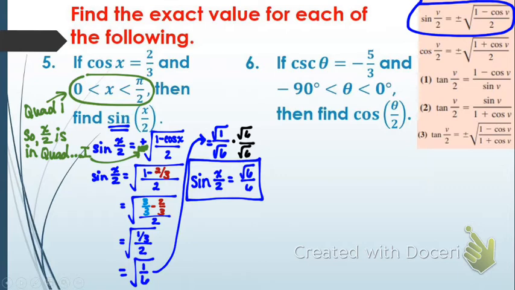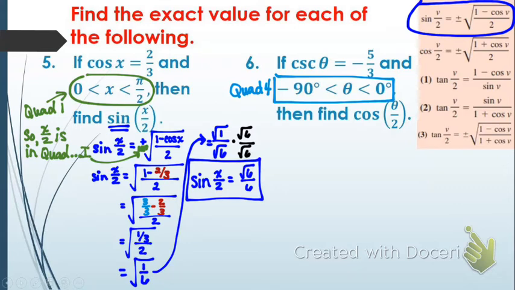If cosecant is negative 5/3 and theta is in what quadrant? Fourth quadrant. Why is this one in the fourth quadrant? Because negative 90. So this is quad 4. Where's my half angle going to be then?